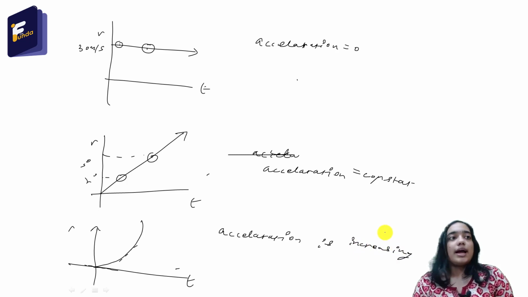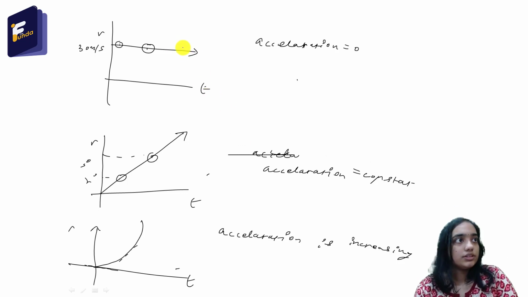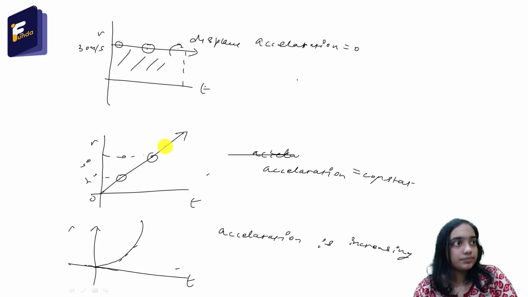Another thing about the VT graph is that the area under the VT graph gives displacement. So if this is the area, this area will give displacement. Similarly, if I say from 0 to 3 seconds, what is the displacement? Calculate from the VT graph, then you have to just find this area.